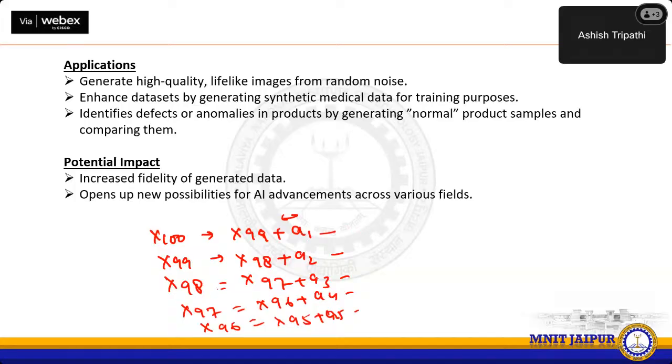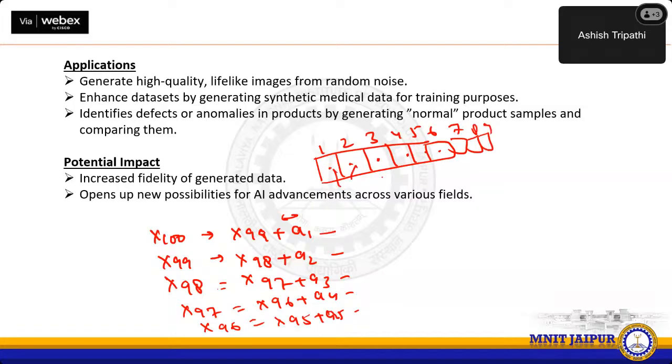You can just assume that we have an array or a vector where we have stored how much noise we have added in each iteration, for example beta 1, beta 2, beta 3, beta 4 and beta 5, or a1, a2, a3 that I have assumed here.